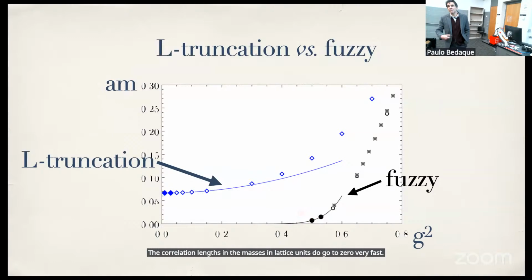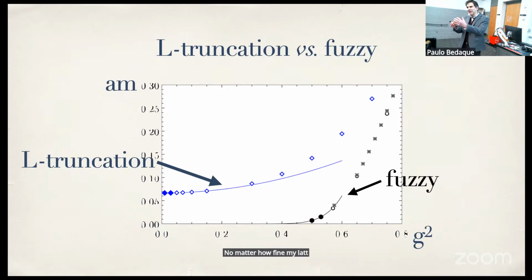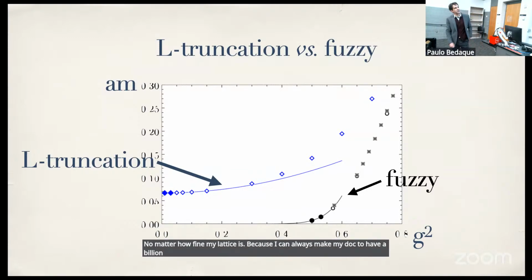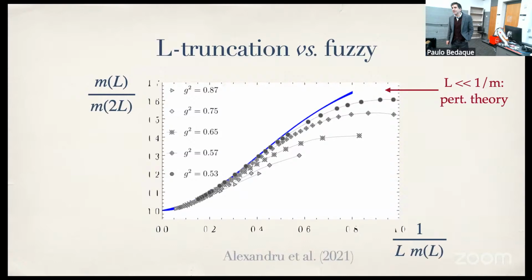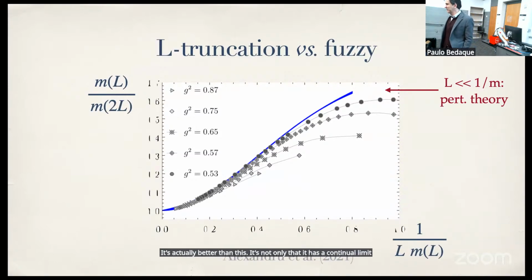So the model becomes critical. It has a continuum limit. I can describe ducts no matter how fine my lattice is, because I can always make my duct have a billion lattice spacings by making my G smaller and smaller. It's actually better than this. It's not only that it has a continuum limit, but it has the correct continuum limit.